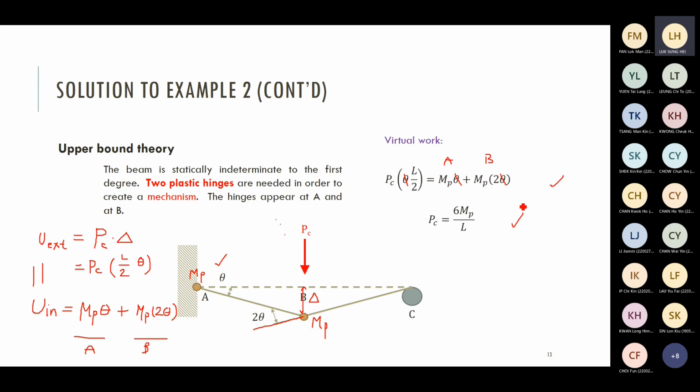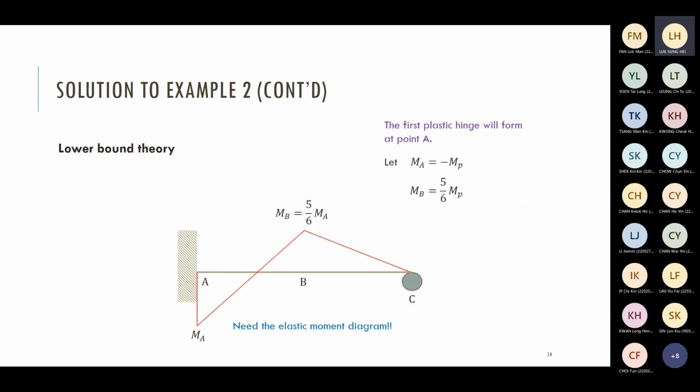And what about the lower bound theorem? For the lower bound theorem, you need to go on a long journey, because firstly you have to try your best to get your moment diagram. You need the elastic moment diagram.